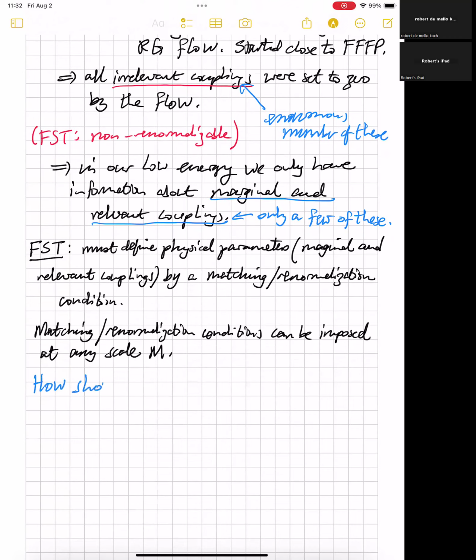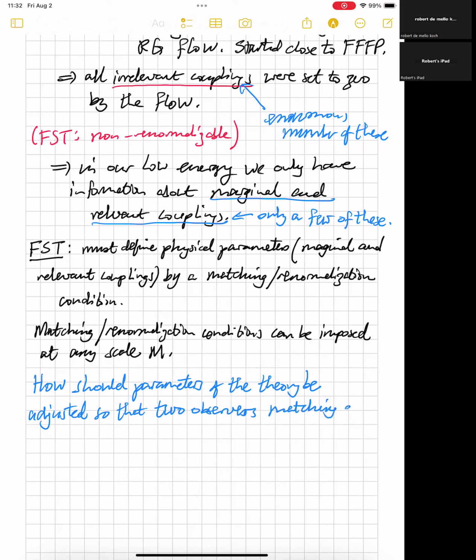How should parameters of the theory be adjusted so that two observers doing a matching or a normalization, so I'm going to say matching at different scales, agree on all physical observables?